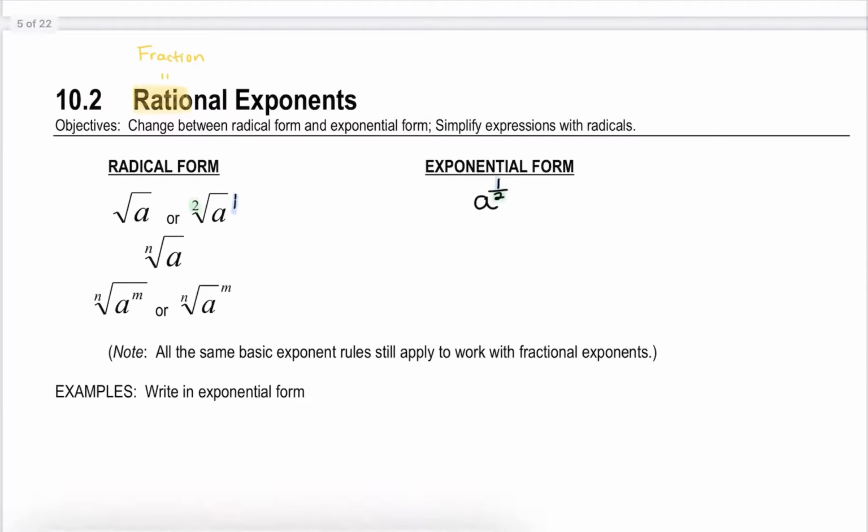All right, now if we observe that then in general, if we have some other index, so a square root is a 1/2 power. First let's just start to make this observation that anytime I have a radical, I have some kind of rational exponent as an equivalent form. So this time the index in this case is maybe some other number other than just 2. And so if that index is some number n, that is now the denominator in my exponent.